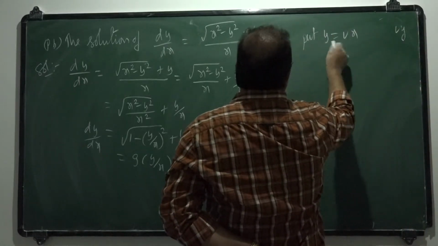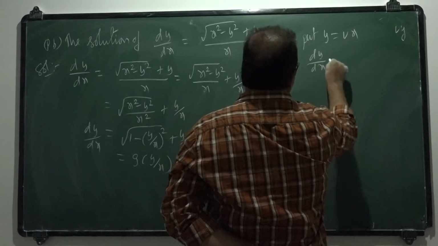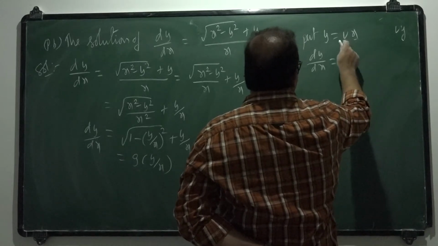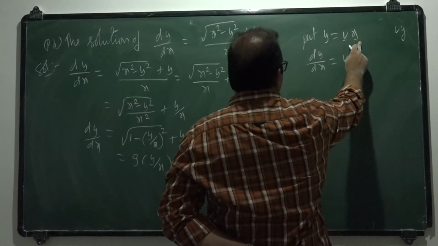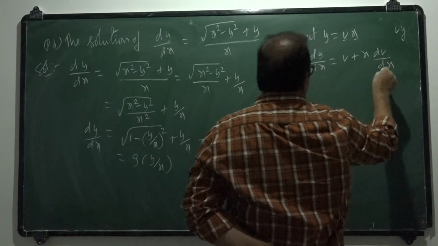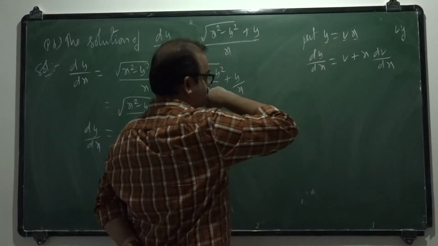Put y is equal to vx. Taking derivative on both sides with respect to x, dy by dx is equal to u into dv plus v into du, so dy by dx is equal to v plus x into dv by dx.